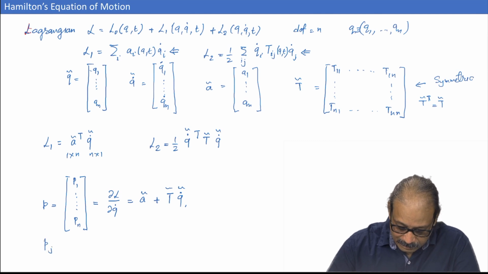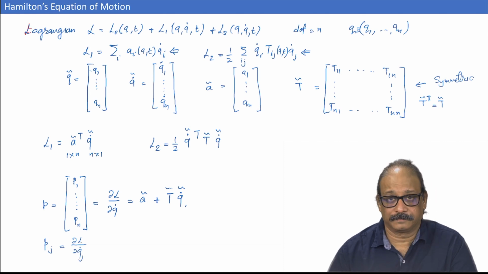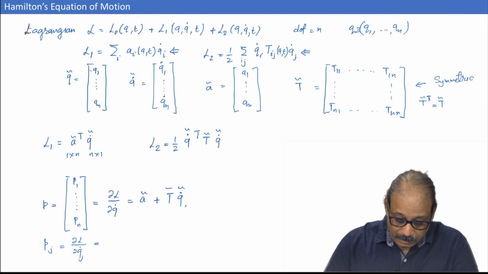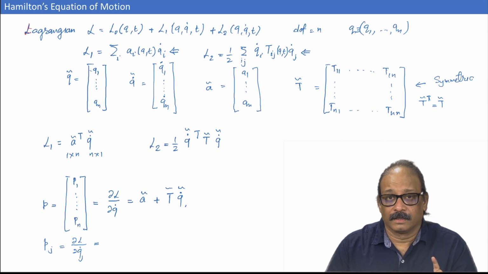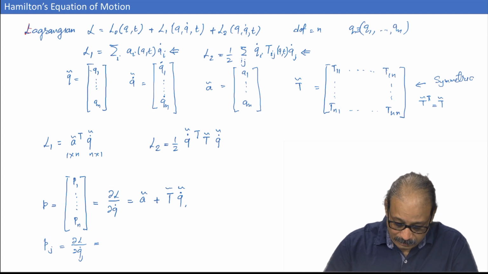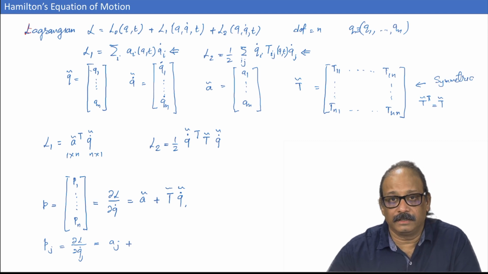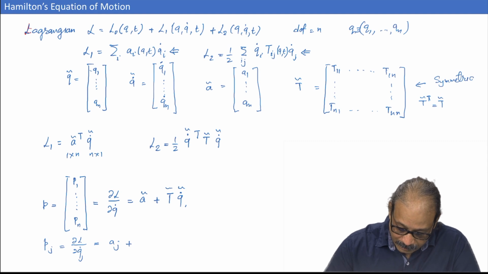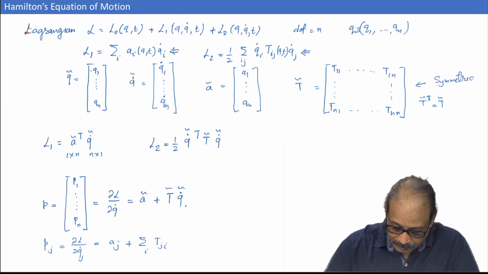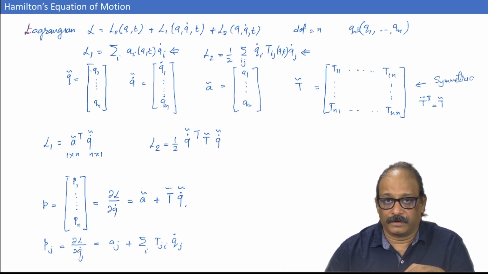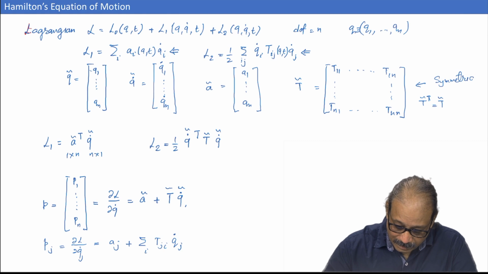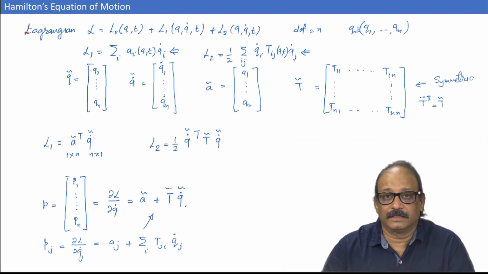Okay. Do this term by term, write down the individual term. For example, Pj will be equal to del L by del Qj dot. Derivative of L0 is 0, derivative of L1 will give you Aj, plus when you take a derivative of L2, what do you get? That would be summation over i of T_ji Qi dot. Okay, fine. So, this now can be neatly put in the matrix form which I have written here.